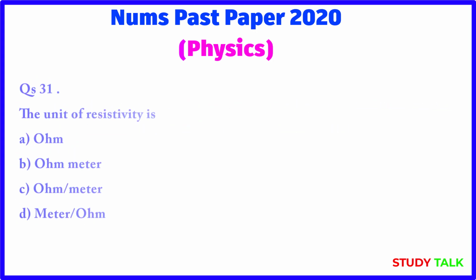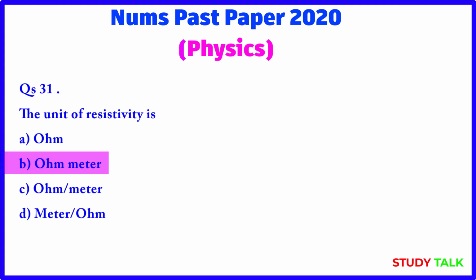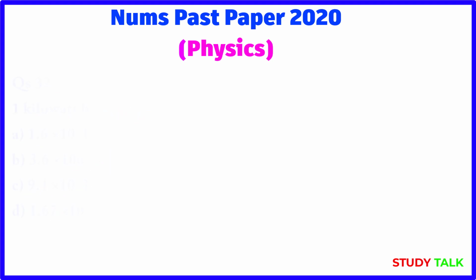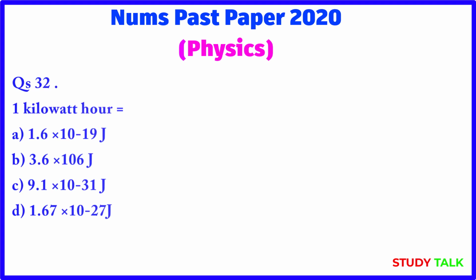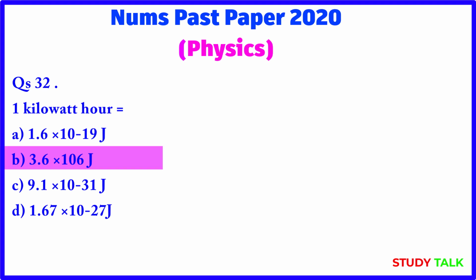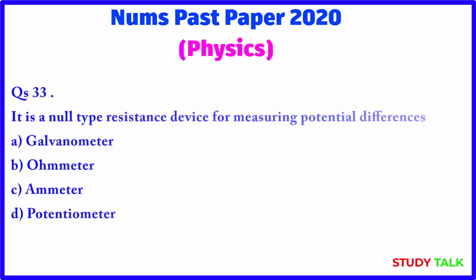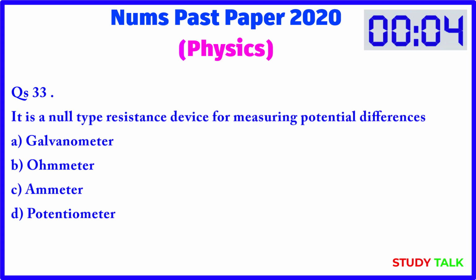The unit of resistivity is ohm meter. 1 kilowatt hour is equal to 3.6 into 10 raised to power 6 joule. It is a null type resistance device for measuring potential difference. Potentiometer.